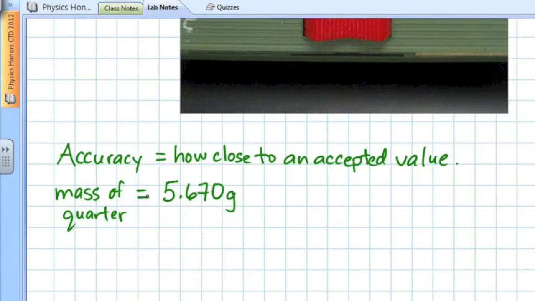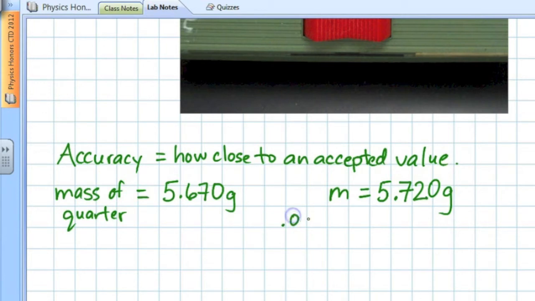And let's say that you have a balance in your class, or an electronic scale or whatever, and you toss a quarter on it and you measure the mass as 5.720 grams. Well, that's pretty good. That's pretty close to the accepted value. And we could talk about how far away it is.